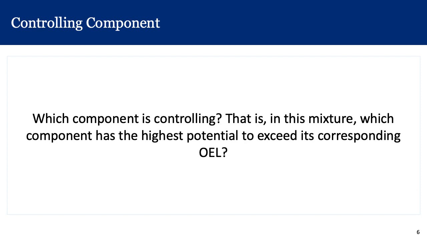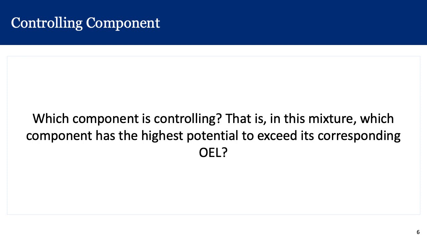Of course, we need to, as industrial hygienists, develop a level of control that can control exposures to everything in this mixture. And in fact, what we would really like to do is to identify what is known as the controlling component. So which of the components in this mixture is controlling our decision?